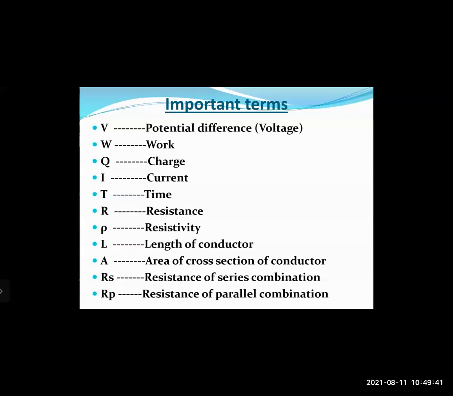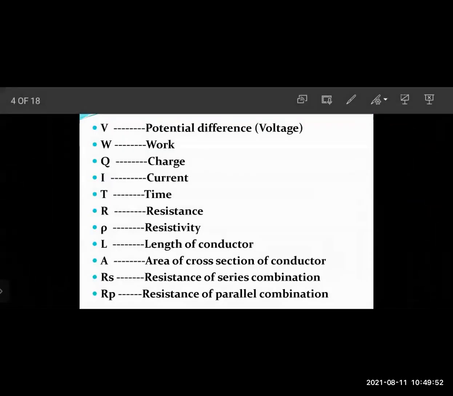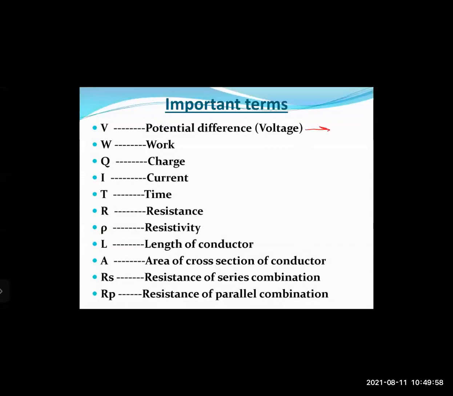Now, along with this, we will also briefly discuss the units for all of these different terms, right? So the unit for potential difference is what? Volts. It is given by small v.